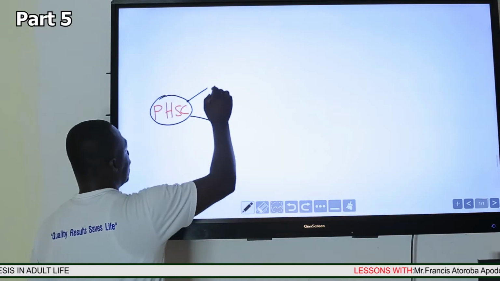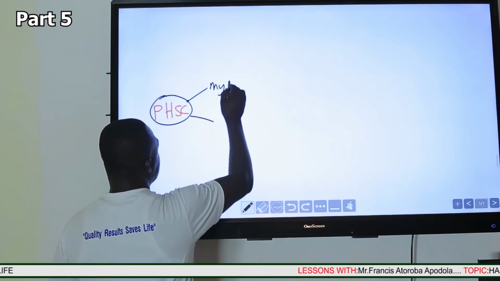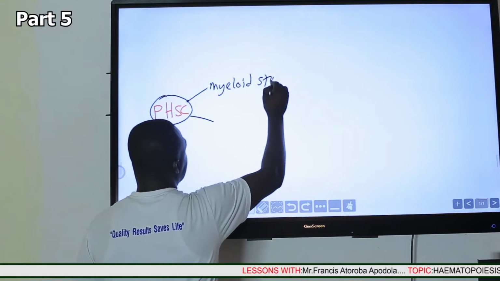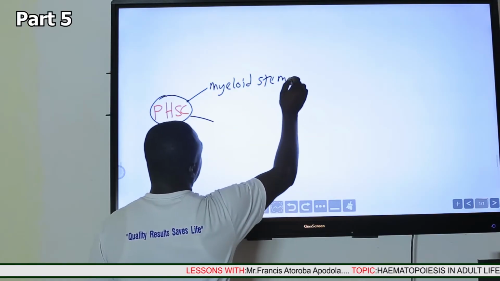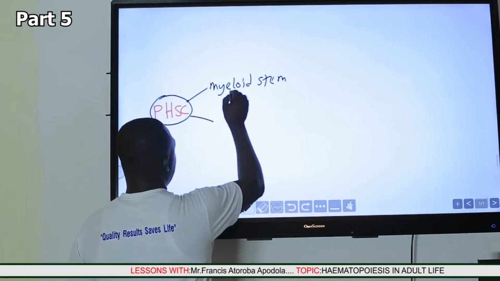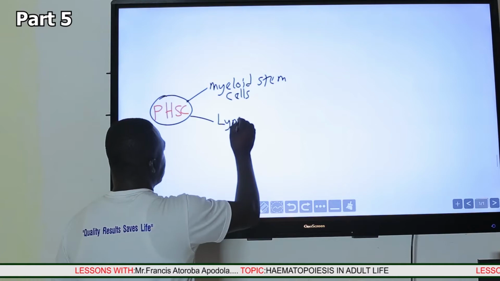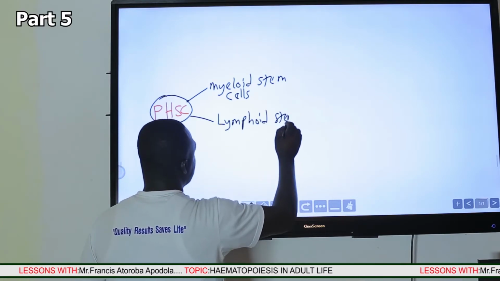It undergoes differentiation to form the myeloid stem cell and the lymphoid stem cell.